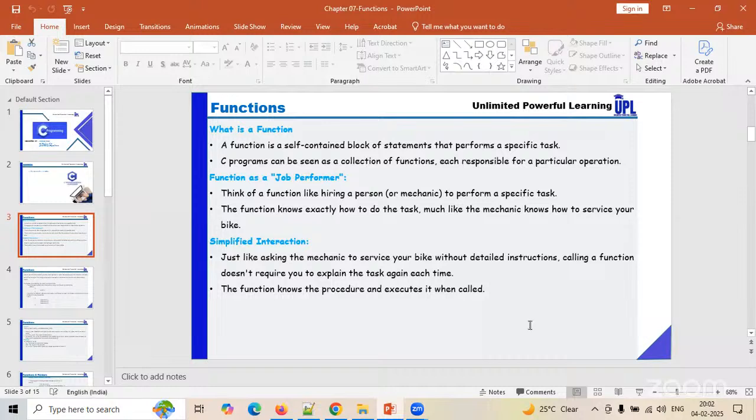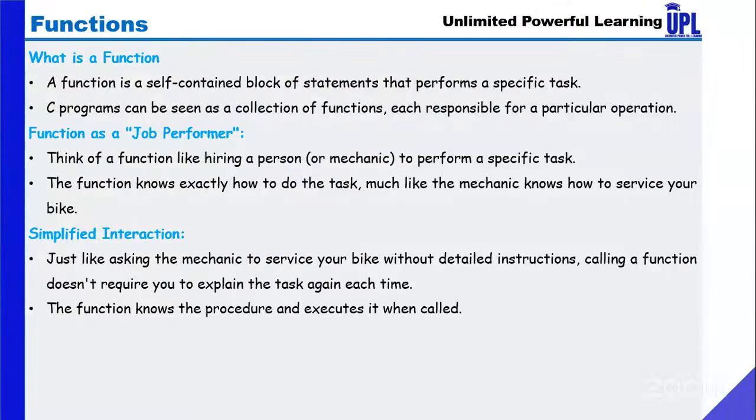Let us understand another important concept. We call it functions. Till now, what we have understood is we have written simple programs. We understood the different types of tokens. We have understood the different ways of writing code through conditional constructs and looping constructs.